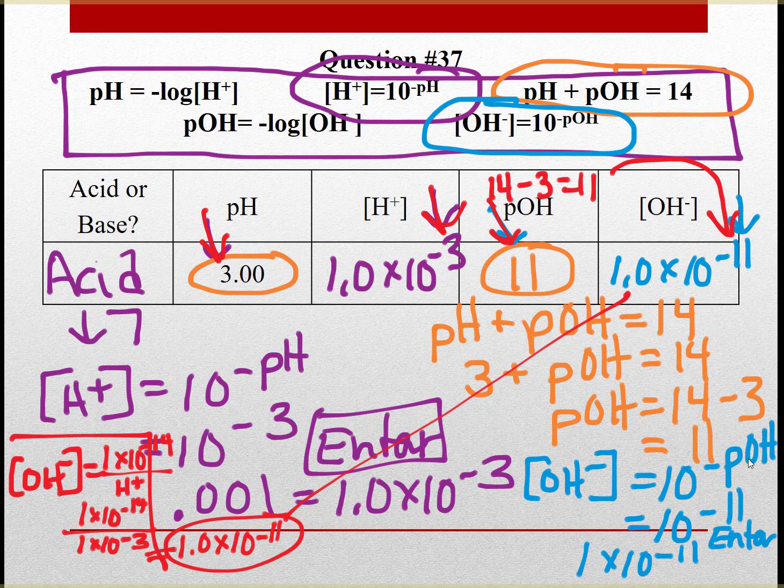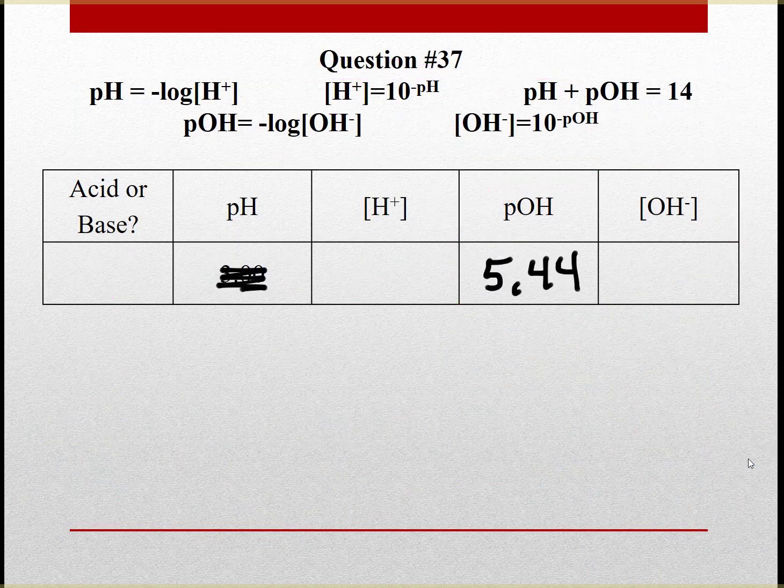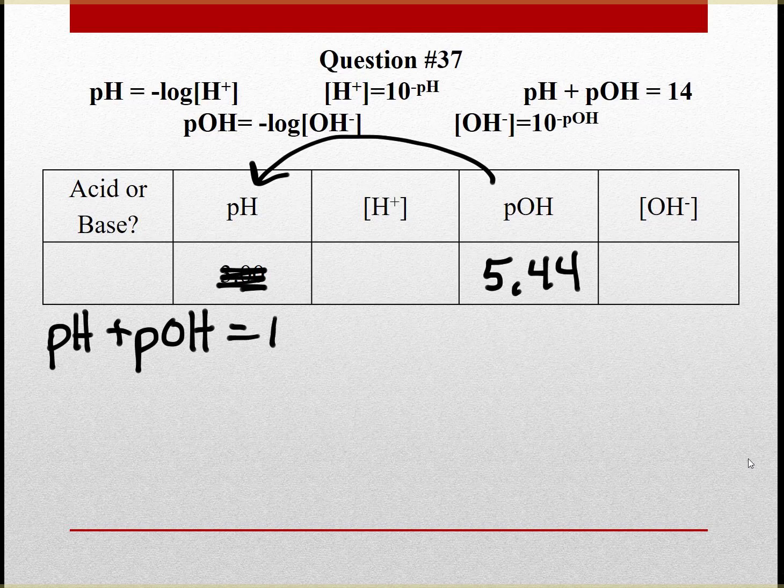Let's go ahead and do one where you have to use a calculator. I'm going to do the one that says the pOH is 5.44. Again, this is the third from the bottom. So our pOH is 5.44. I think I'm going to find my pH first, because that's kind of simple. Again, I'm going to use my pH plus pOH equals 14.